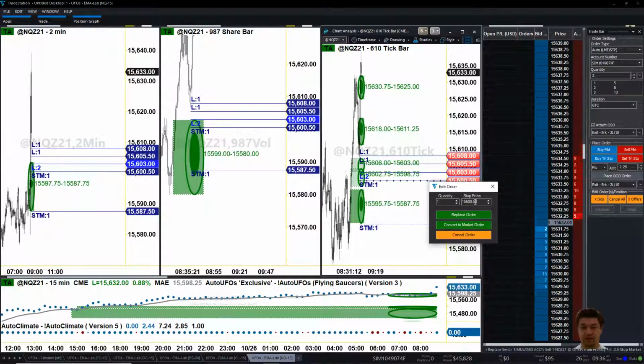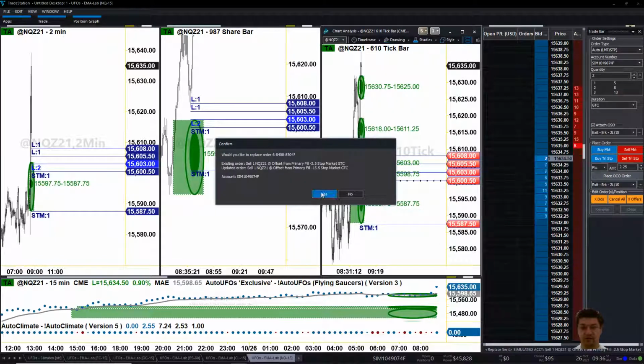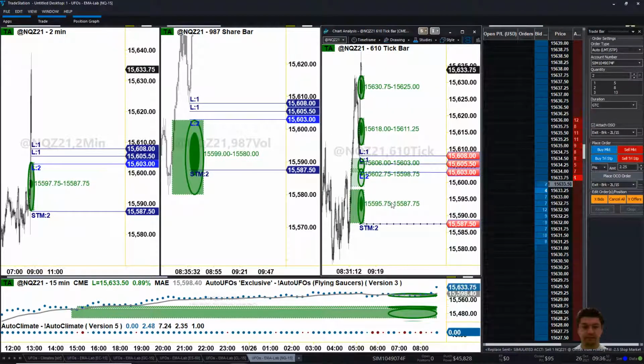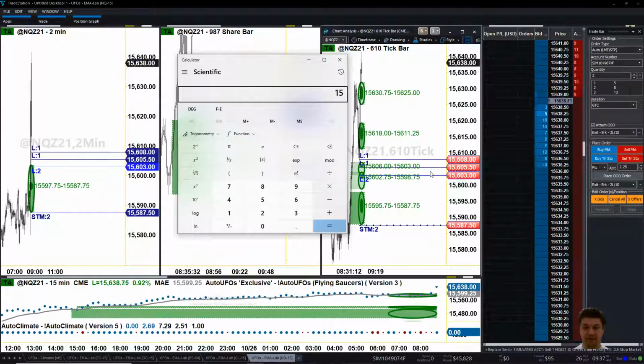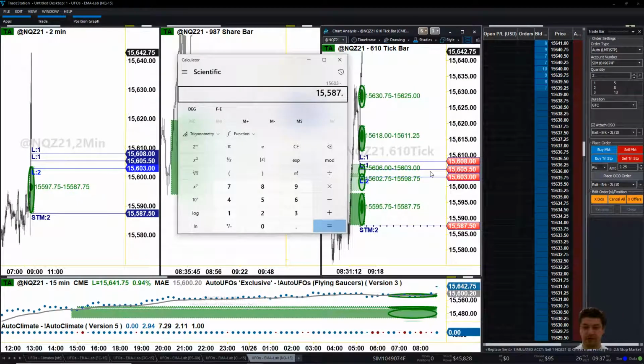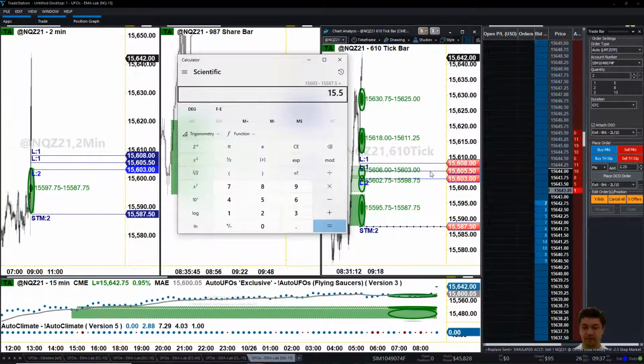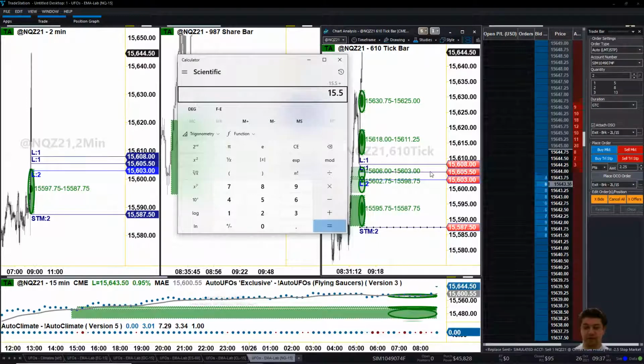Same thing here. We may have missed this by a little bit there. Now we're looking at 15,603 minus 15,587.5, 15.5 points. 15,603, 15,618.5.